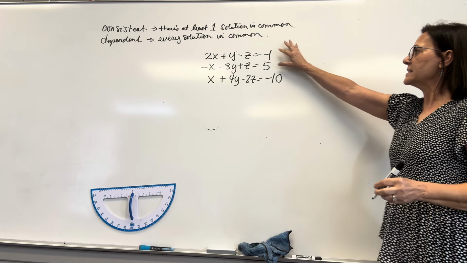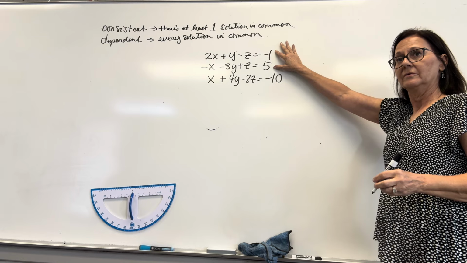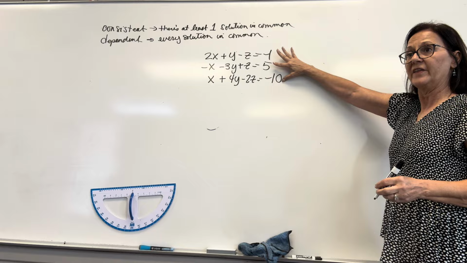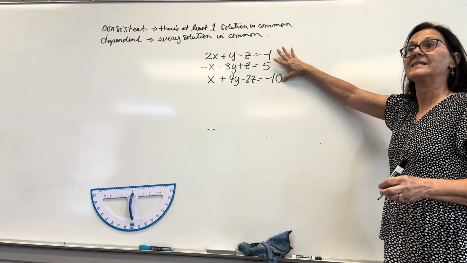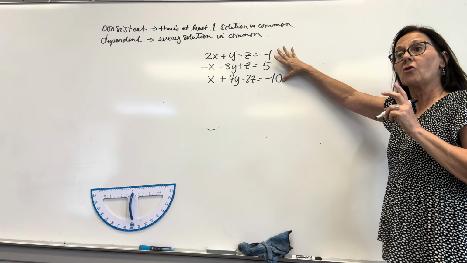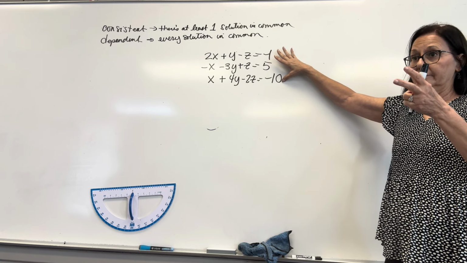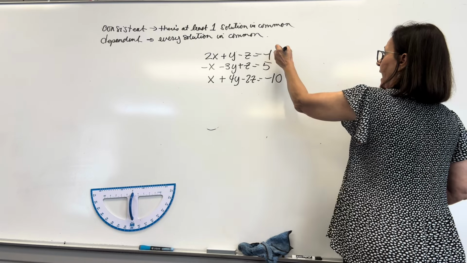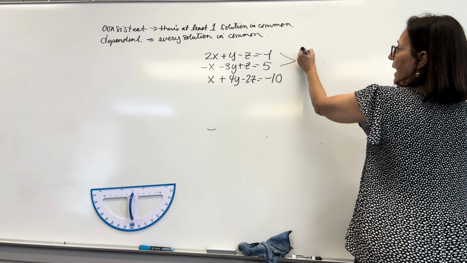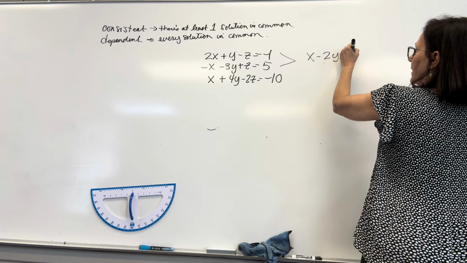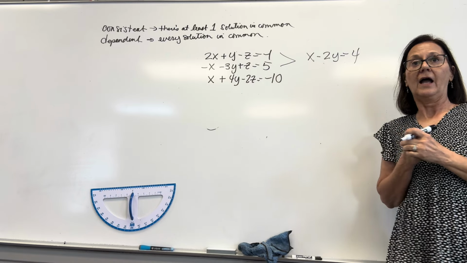If I eliminate z by adding the first 2, then I have to take the third one and one of these 2 to also eliminate z. You have to use all 3 equations in your first 2 eliminations. So I take the first 2 equations and I end with x minus 2y equals 4. I've eliminated z.